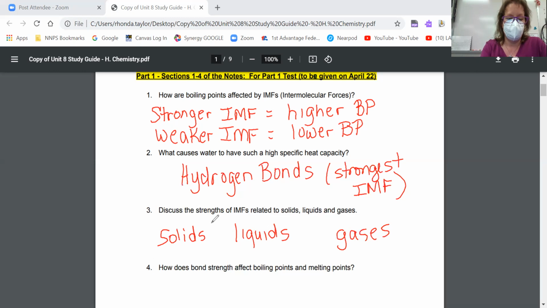So that is going to have a higher intermolecular force than liquids, and of course, liquids would be higher than gases. Remember, the gases have the weakest IMFs. Remember, gases are all over the place. They're already separated and bouncing around. And then solids will have the strongest, basically, when they're in the solid state.